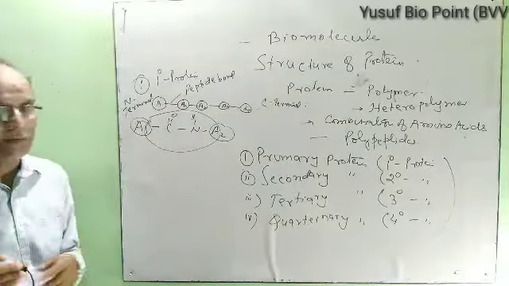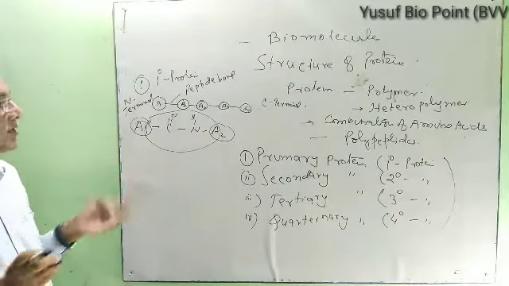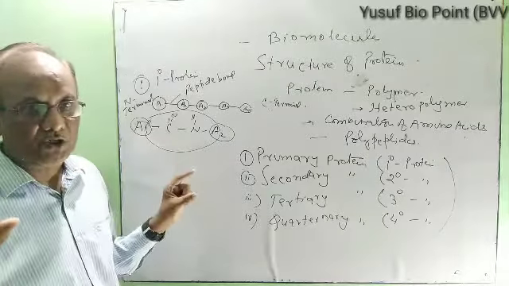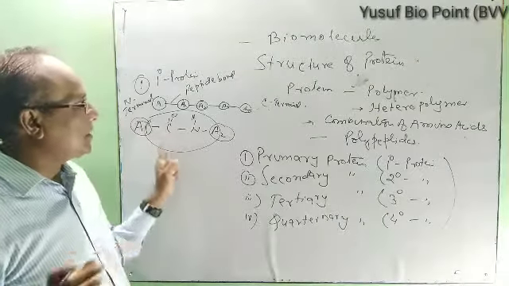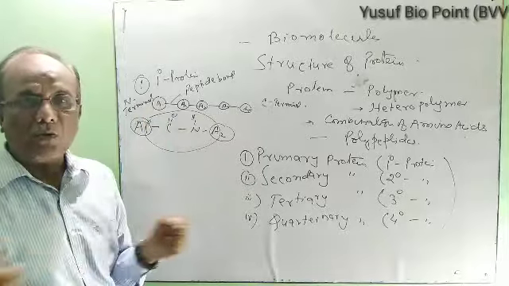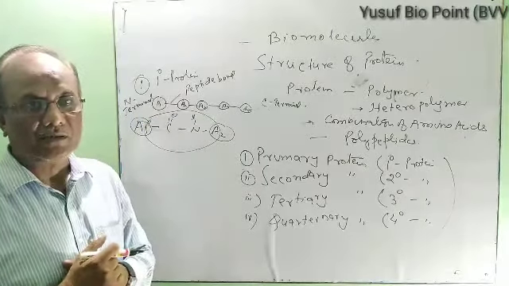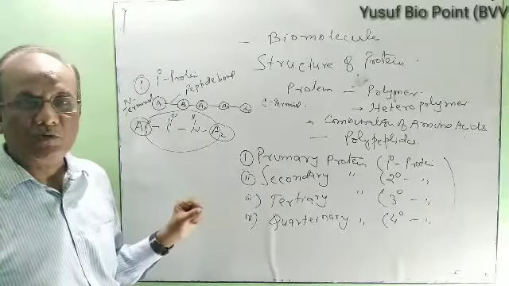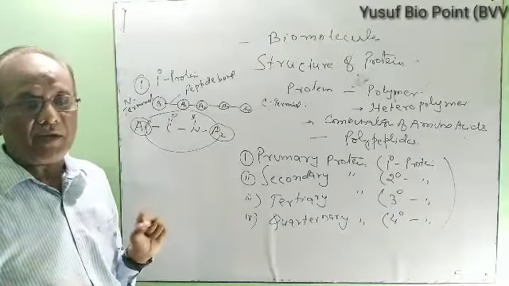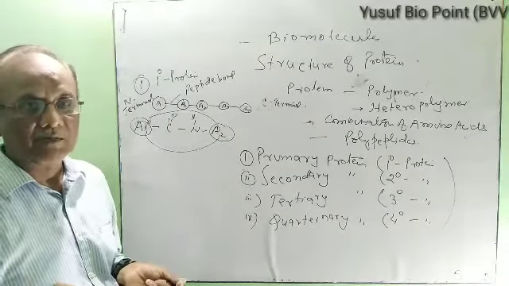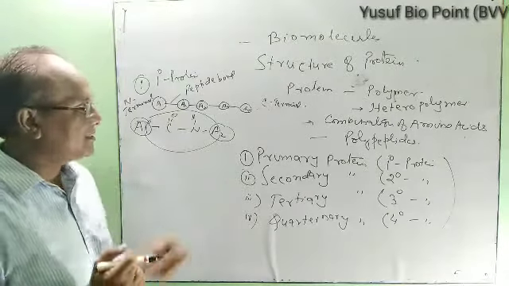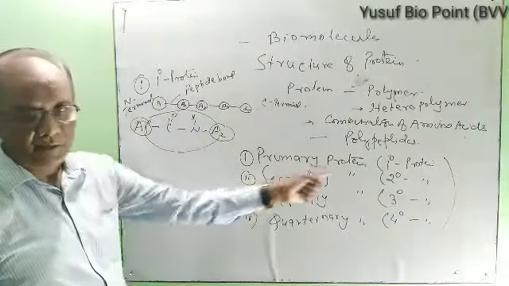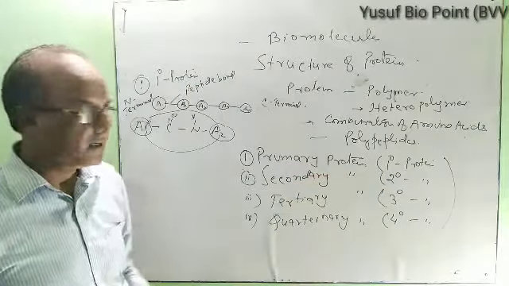So by means of peptide bond, it will be in a chain, in a linear position, in which many amino acids will be attached to each other by means of peptide bond in a line, in a chain. Such type of condition is known as primary protein. Understand?